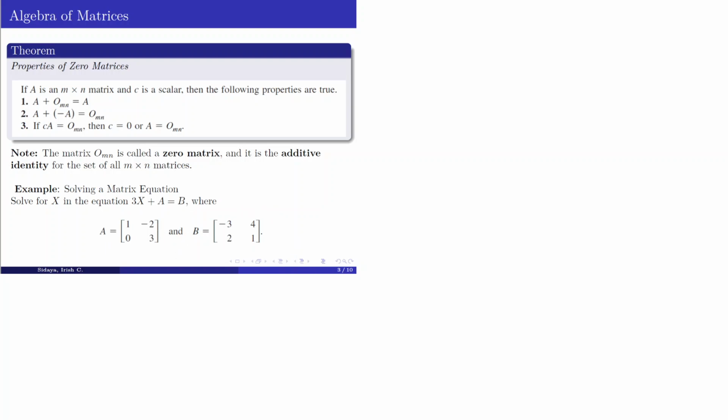So, by applying the properties discussed, given that we have 3X plus the matrix A equals B, this implies that 3X plus A, plus negative A. You can add negative A on the left side and also on the right side of the equation.